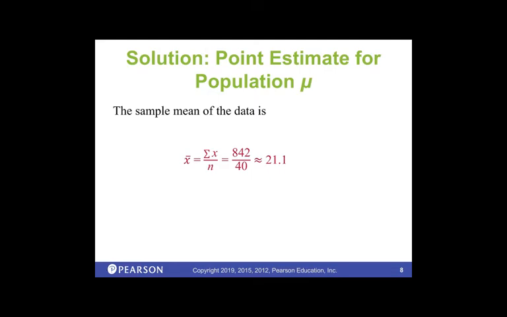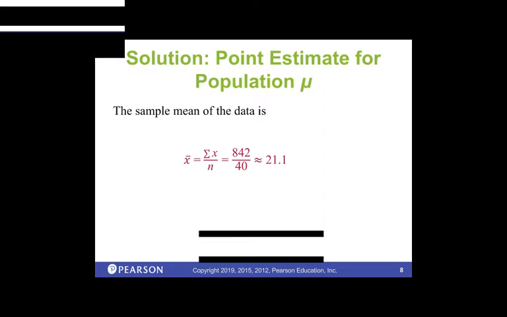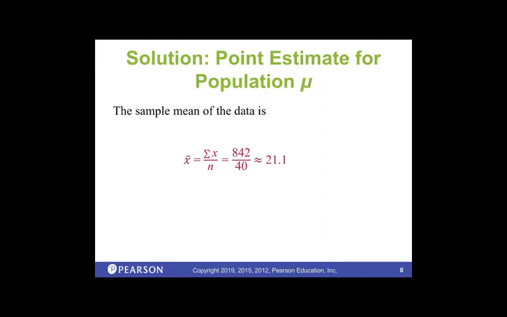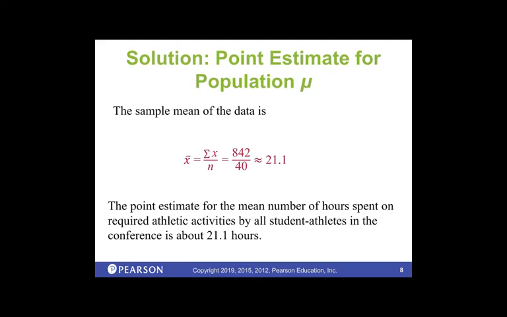So 842 divided by 40 is about 21.1 hours. That's the sample average. The point estimate for the mean number of hours spent by all student athletes is about 21.1 hours. So we use the sample average to estimate the population average.